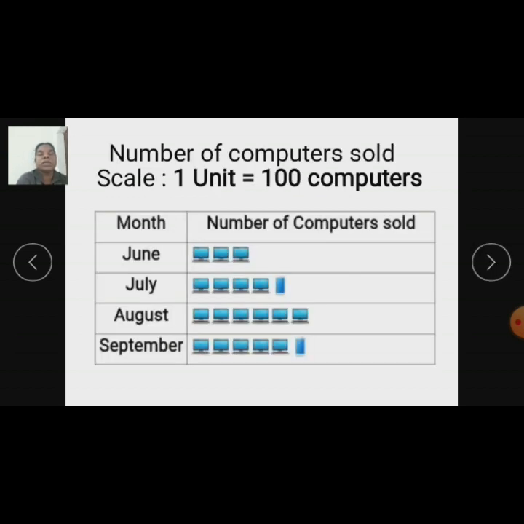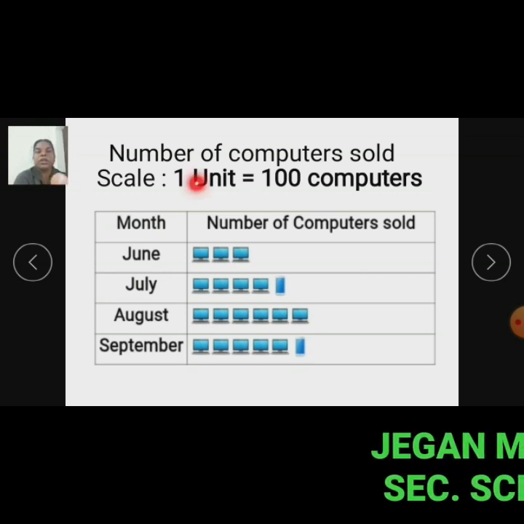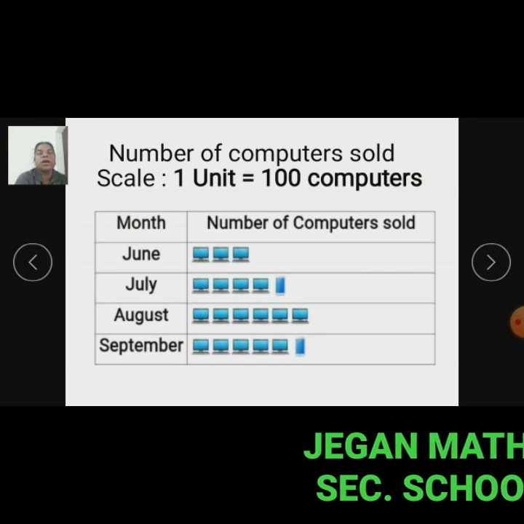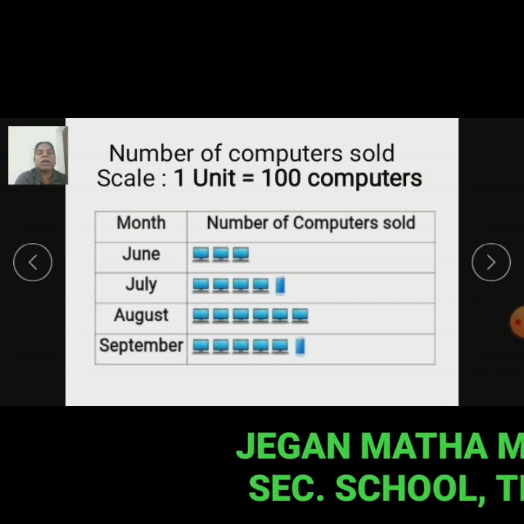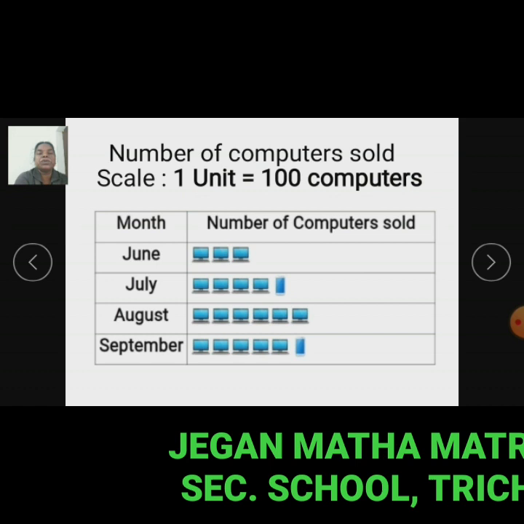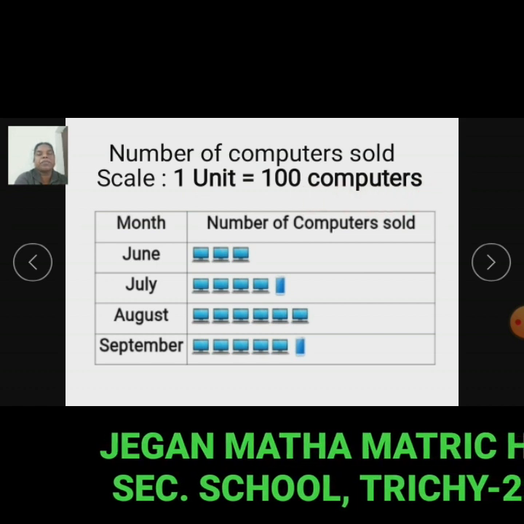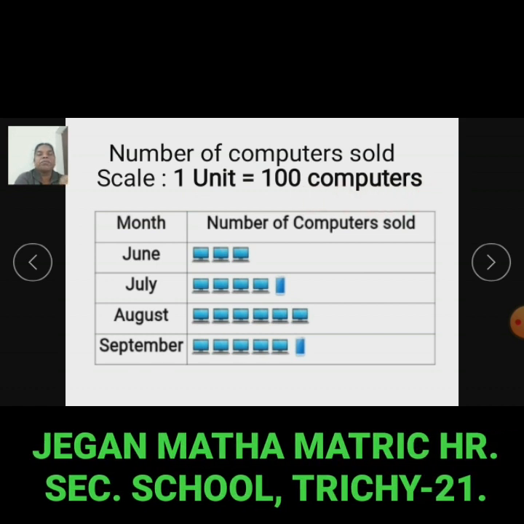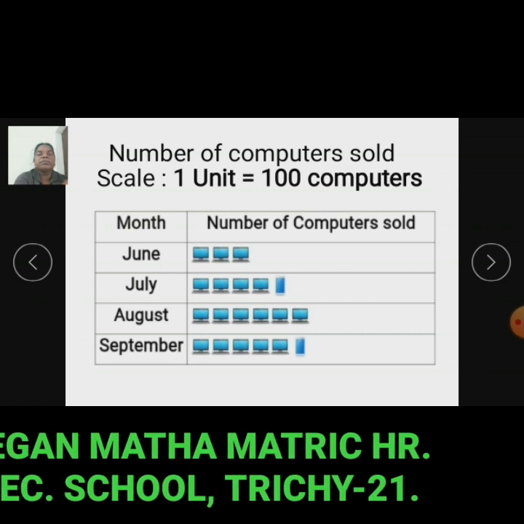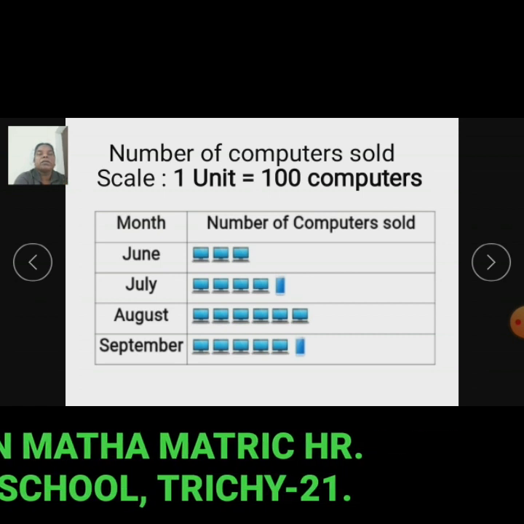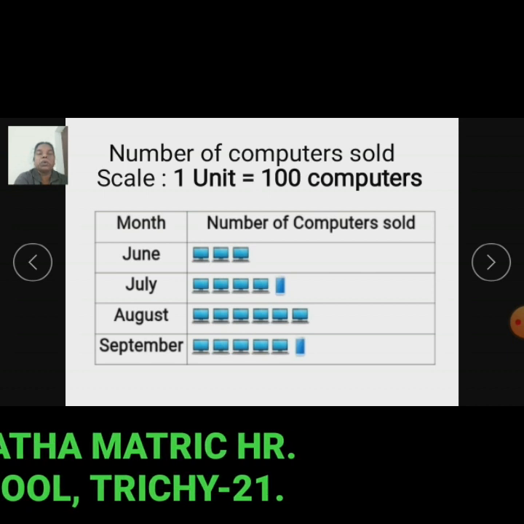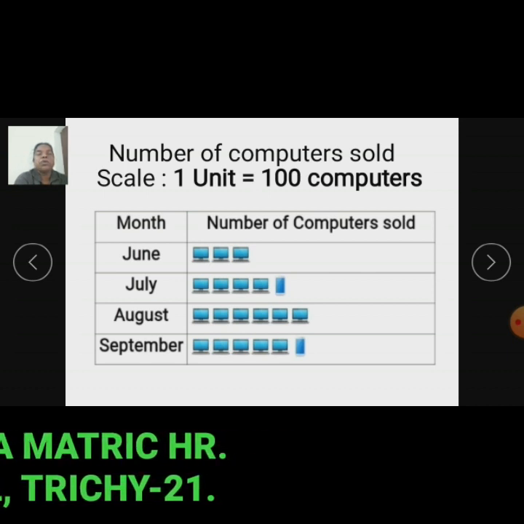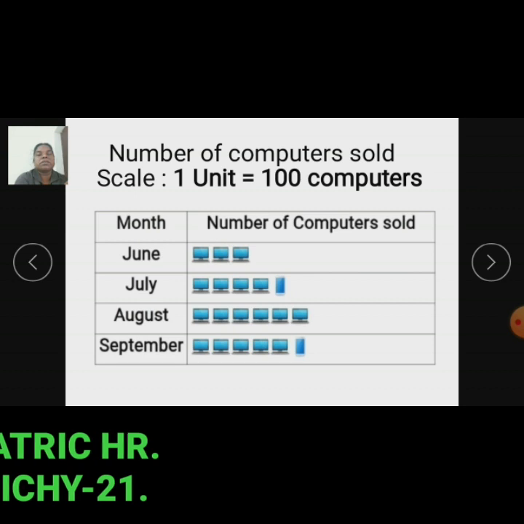Now we draw the pictograph for the number of computers sold. For this pictograph, scale: 1 unit equals 100 computers. So 1 computer equals 100 computers. In June, 300 computers sold is shown by 3 computers.